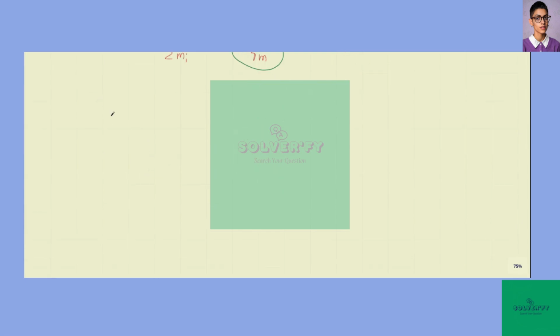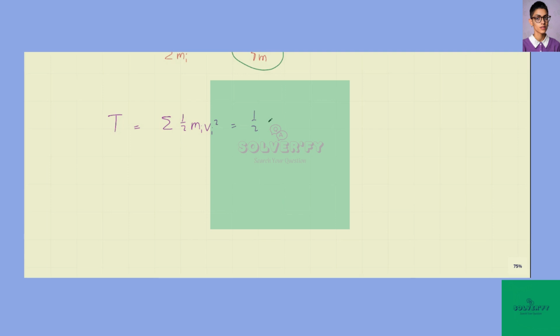Next, we want to find the kinetic energy of the system. The kinetic energy T is equal to the sum of the individual kinetic energies of each particle, which is a half mi vi squared.